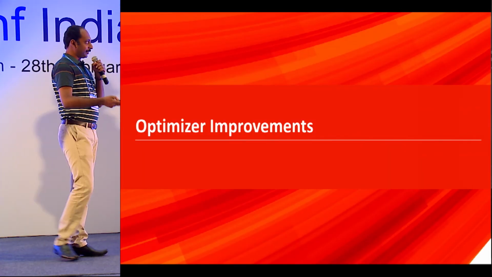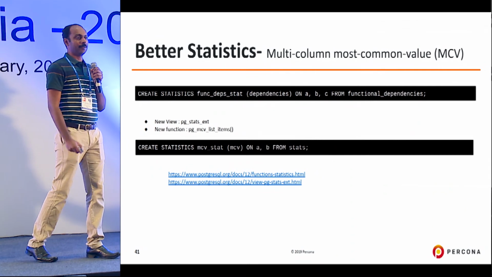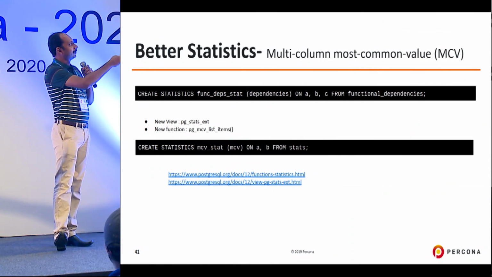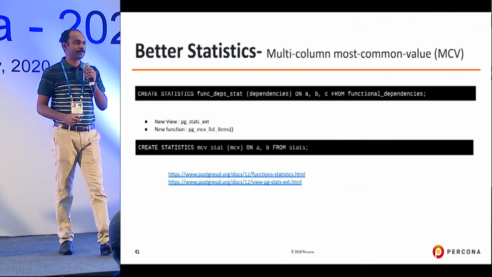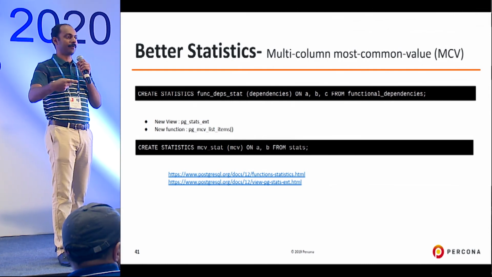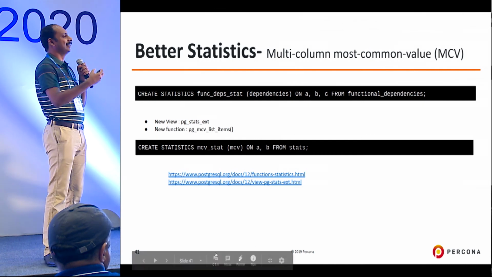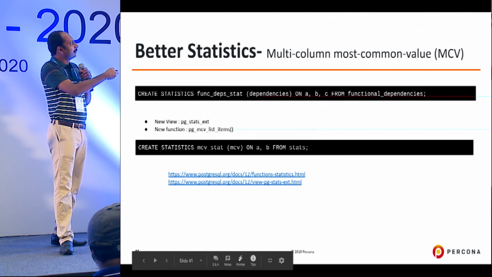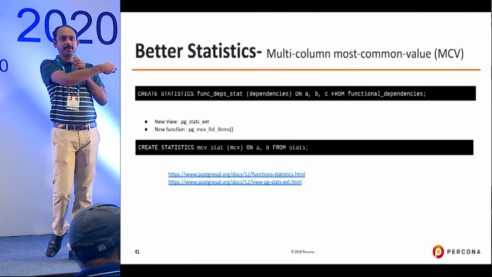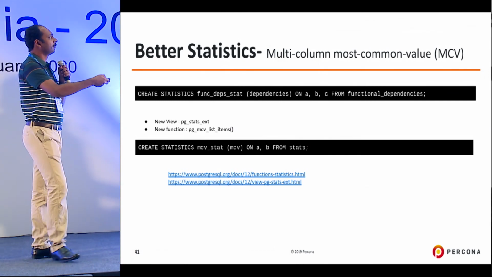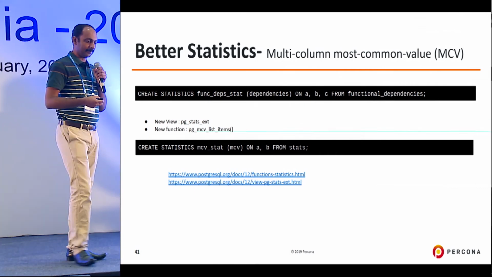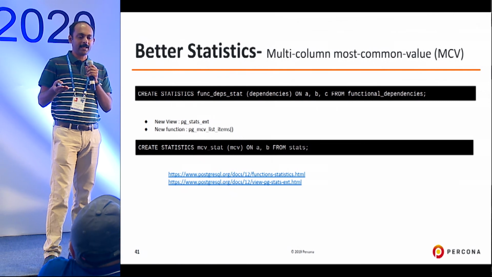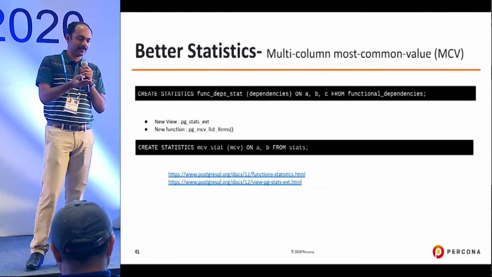Coming to optimizer improvements, Postgres collects default statistics, and we have options to collect a lot more extra information so that the optimizer knows much better things. The first is the case of column dependencies. For example, if I'm storing Bangalore in a table, that has a dependency on the state.